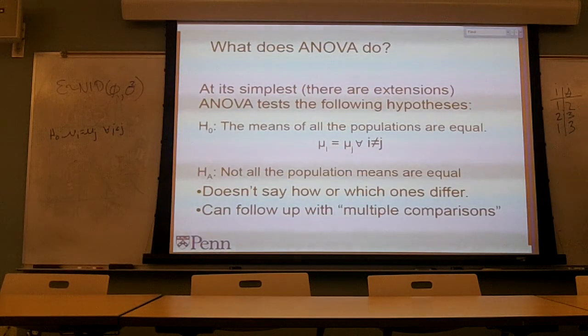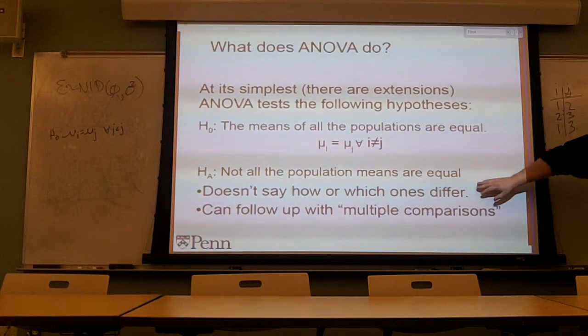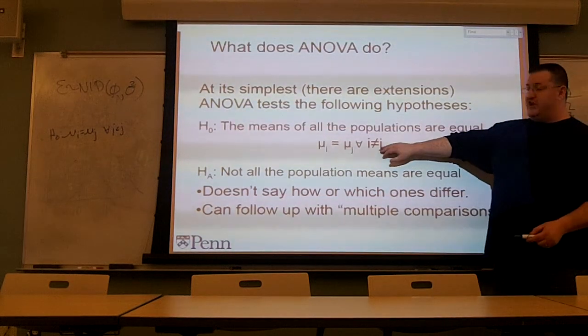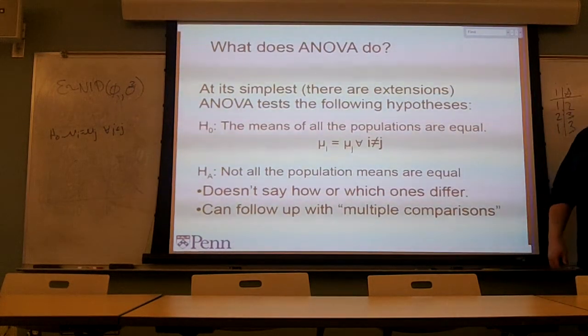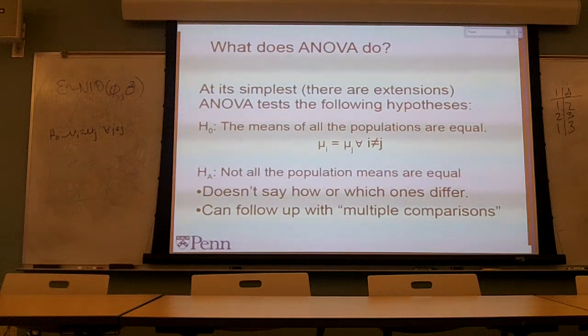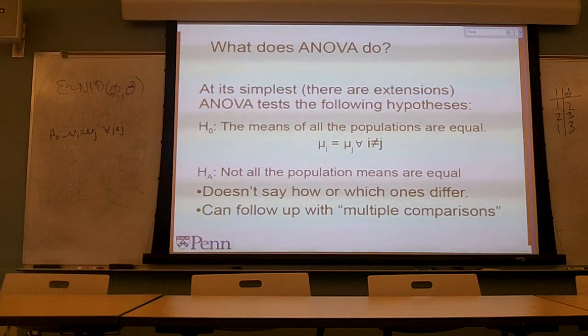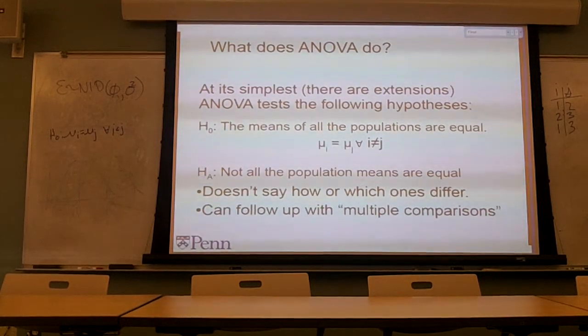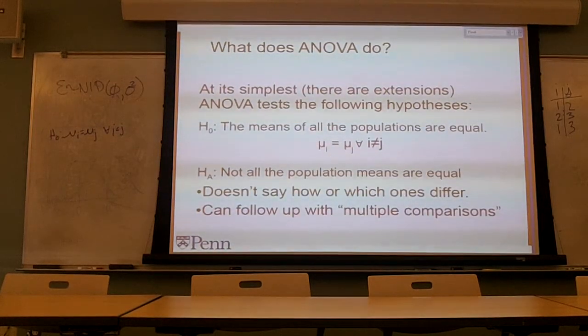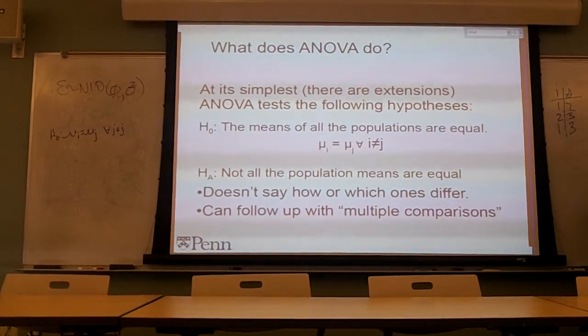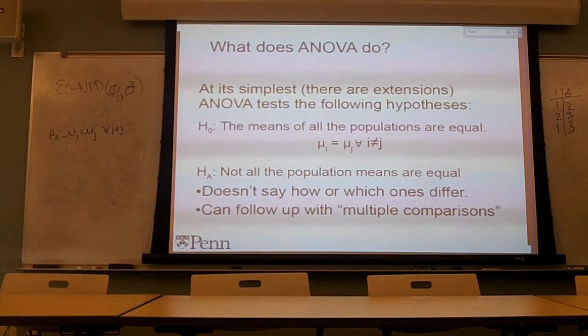The one thing to take into consideration here is that the null hypothesis for the ANOVA doesn't say which of the pairwise comparisons are different. It just says that they're all the same or there's at least one difference.